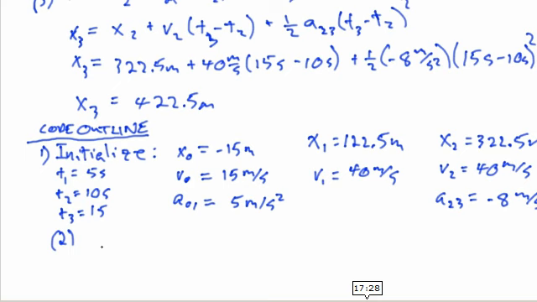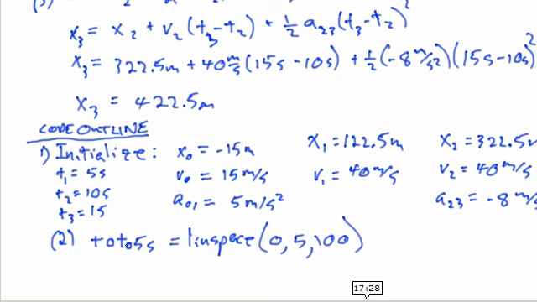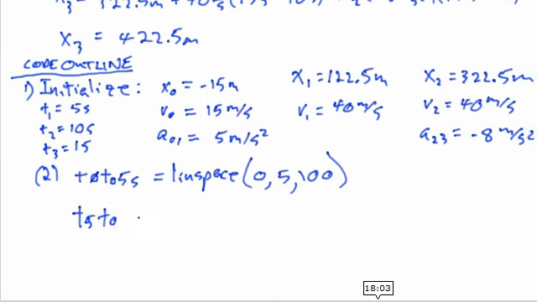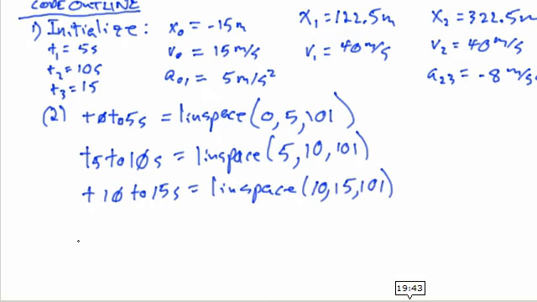So on the code outline, initialize all that stuff, and then I'm setting up these time 0 to time 5 seconds. I'm going to use that idea, but I'm going to call them a little bit different.